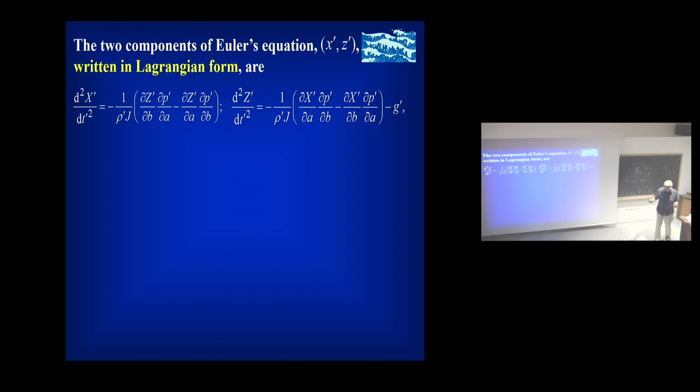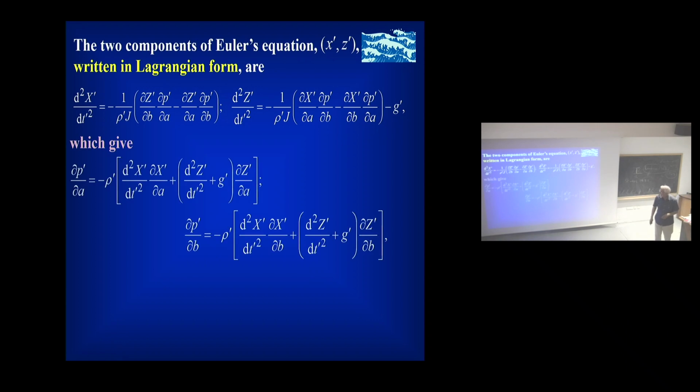So we get the routine calculation, which we can then use to determine dp prime by dA and dp prime by dB explicitly and very straightforwardly.